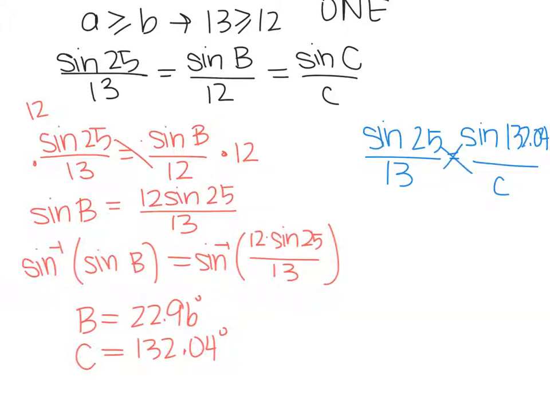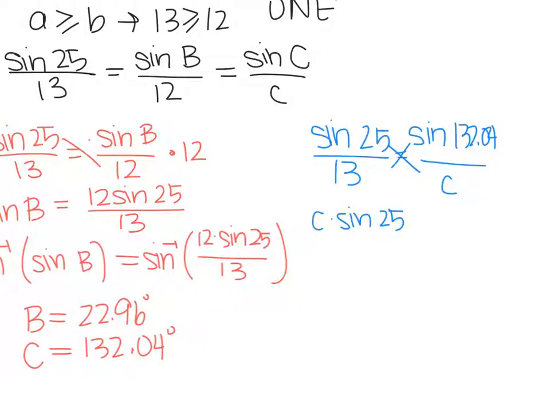In this case we do have to cross multiply, so C times sine of 25 equals 13 times the sine of 132.04, divide by sine of 25.